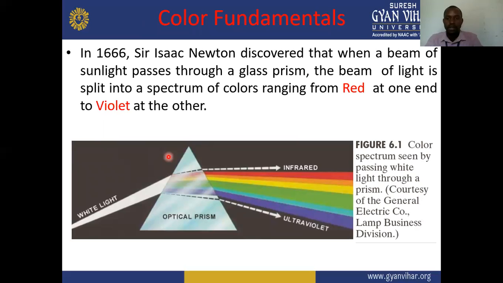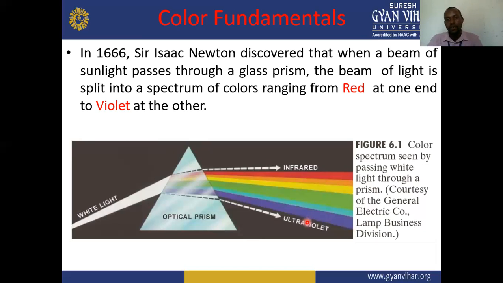Moving further, now we have a brief history about color fundamentals, and this started in the year 1666 when the scientist Sir Isaac Newton discovered that when a beam of light, that is white light, passes through a glass prism, this beam of light is spread into a different spectrum of colors that range from red at one end and violet at the other end.